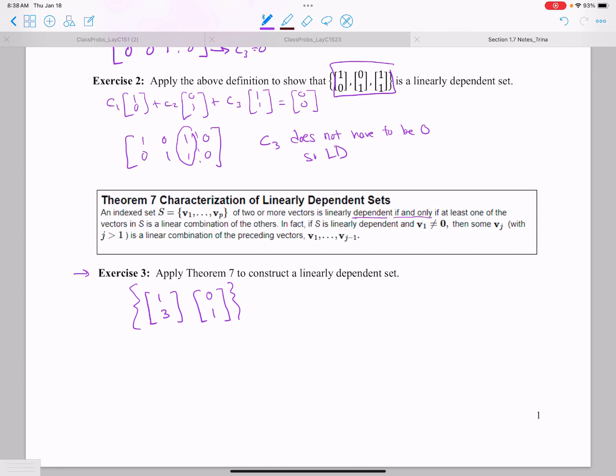So if I want to create a dependent set, I can take any linear combination. I know these two are independent, so if I add them together, this fourth one is dependent on the first two, or it's a linear combination. So it's 1 times the first one plus 1 times the second one. So the fourth one is a linear combination of the first two, so this is a dependent set.